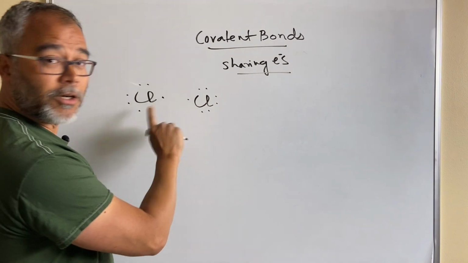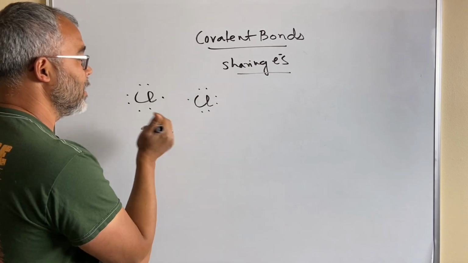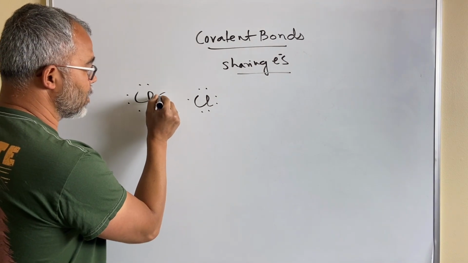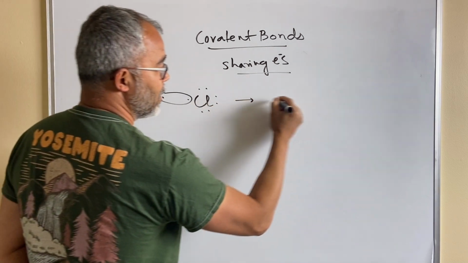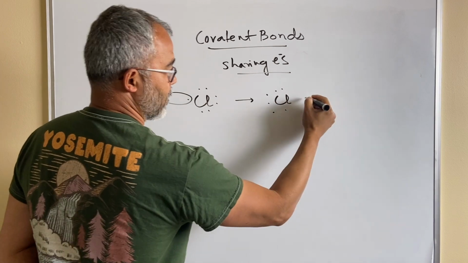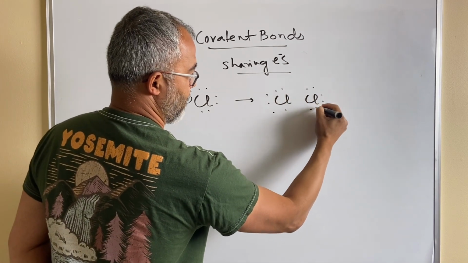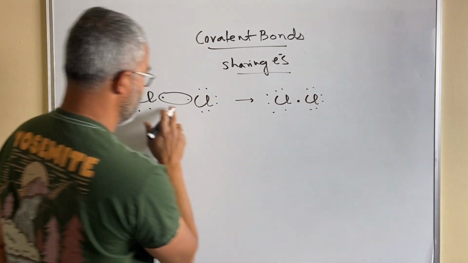But each of the chlorines requires 1 electron. The best way for this to happen is for these 2 electrons to be shared between the chlorines. So when they share, then you form something like this. And I'm going to depict this chlorine.